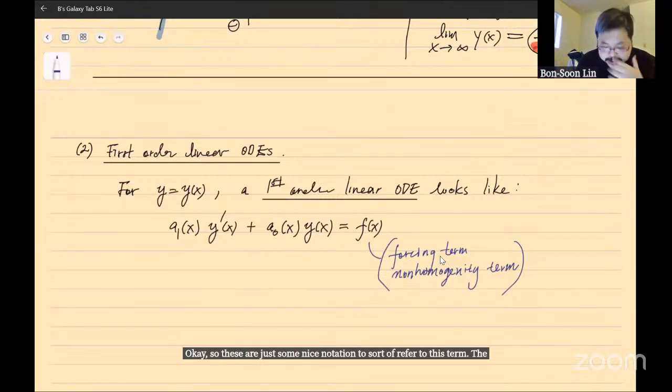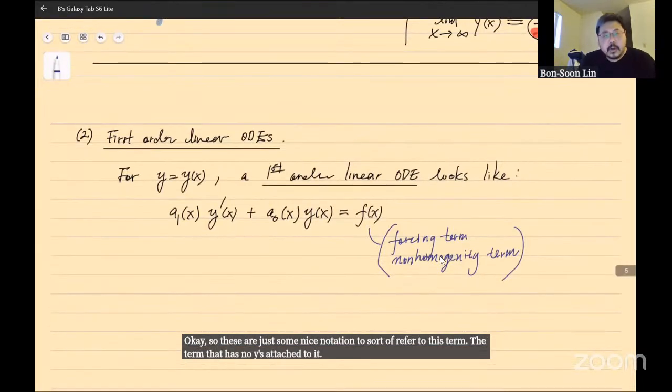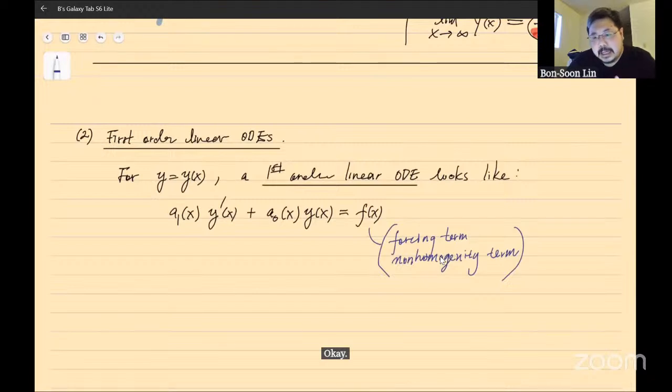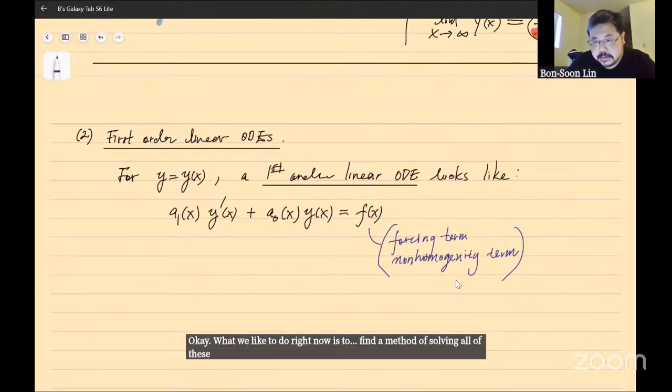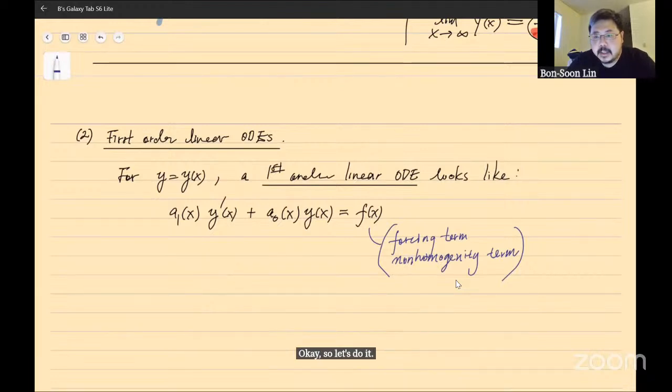What we'd like to do right now is find a method of solving all of these first order linear ODEs. So let's do it. Now, something is kind of messing us up because there is a1 of x right here.